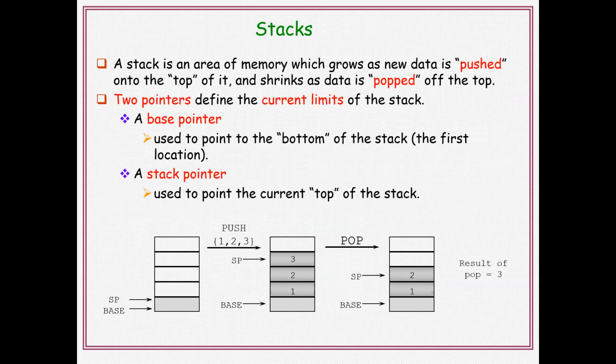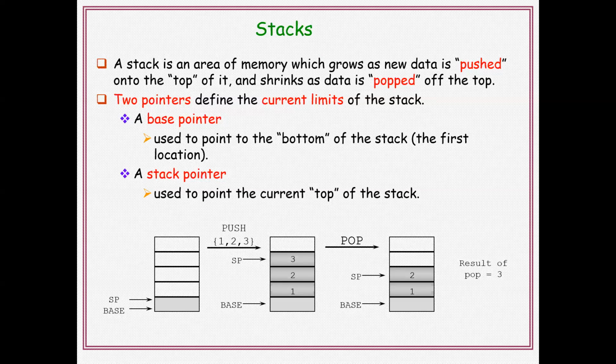And stacks. A stack is an area of memory which grows as new data is pushed onto the top of it and shrinks as data is popped off the top. Two pointers define the current limits of the stack. One is the base pointer, the second is the stack pointer.